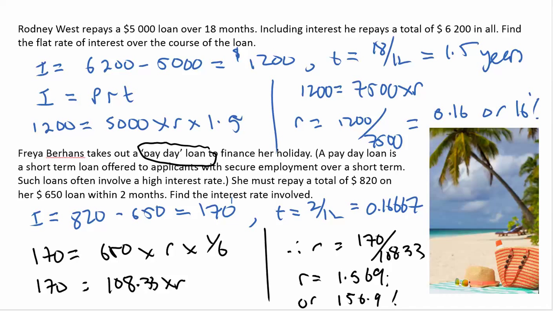And believe it or not, 156.9% interest. In reality, payday loans can exceed 200% interest, but they're unsecured, and the people lending them to generally people with higher risk factors.